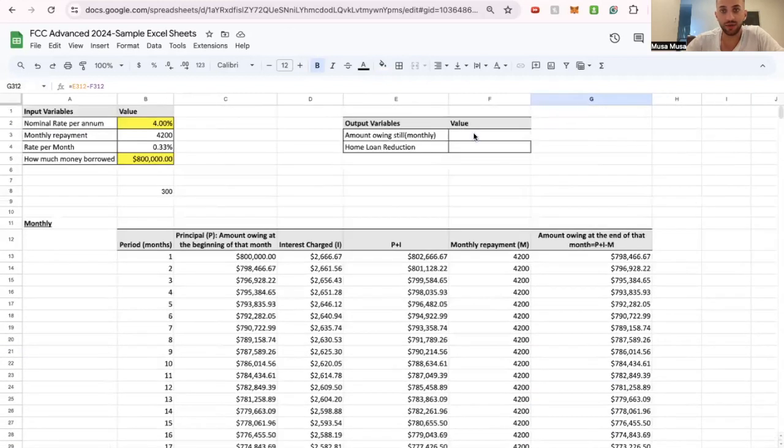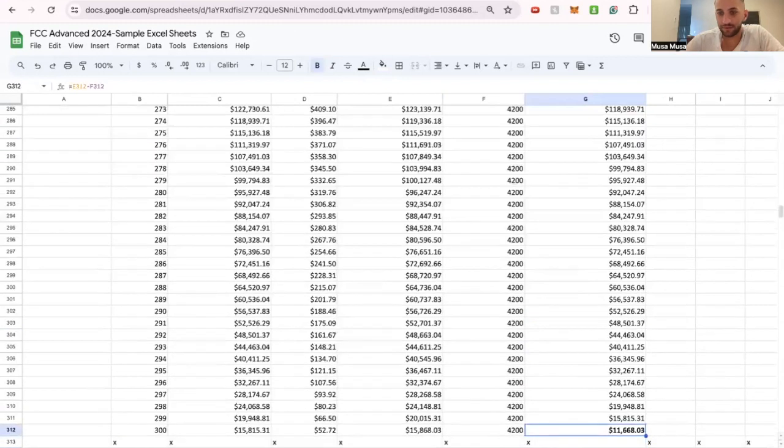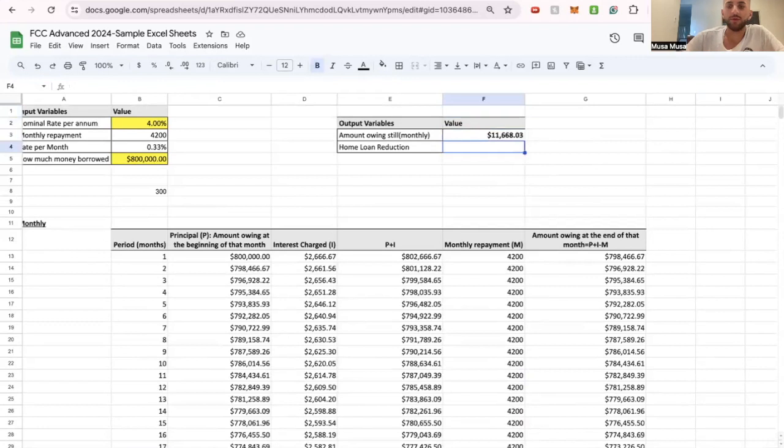If we go back to our summary table, we can say equals G312. How did I just forget what I just said? There we go. So it just equals that number there. So if I borrowed 800,000 and after 25 years, I still owe $11,668, that means that how much have I paid off of the loan?